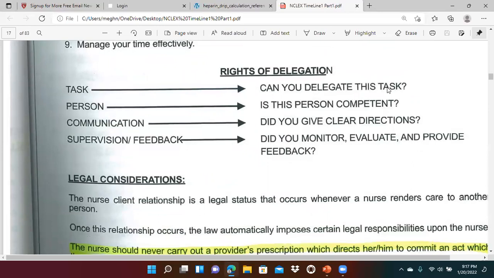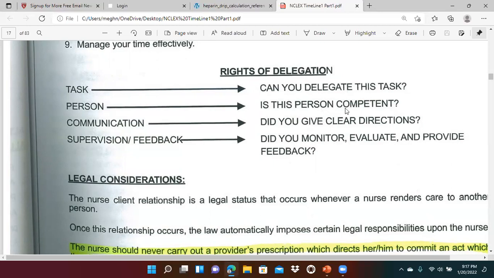If a patient is unstable and needs assessment or needs vital signs checked, you are not allowed to delegate the CNA to go and check the vital signs. Even you are not allowed to have an LPN assess an unstable patient, right? So you have to choose which staff is supposed to do what.